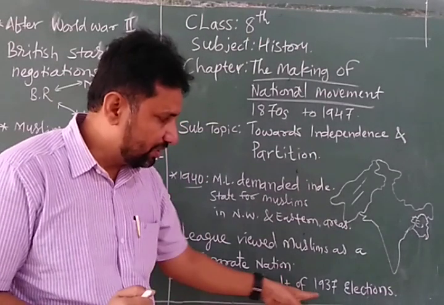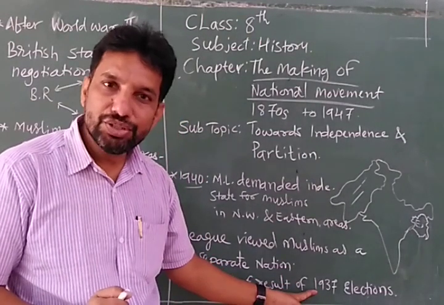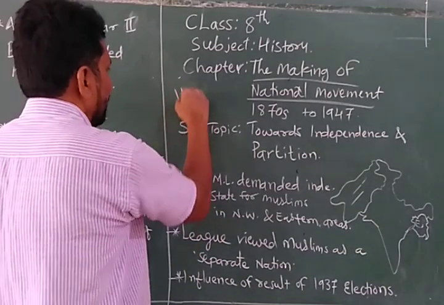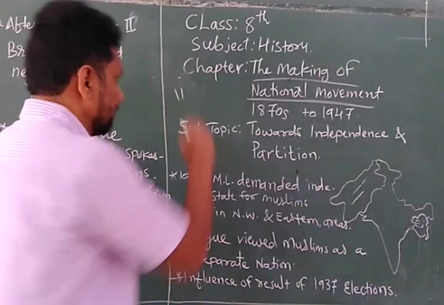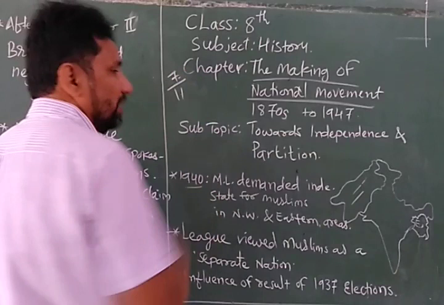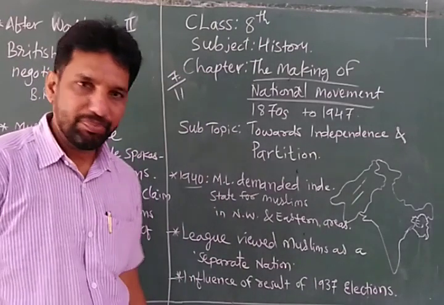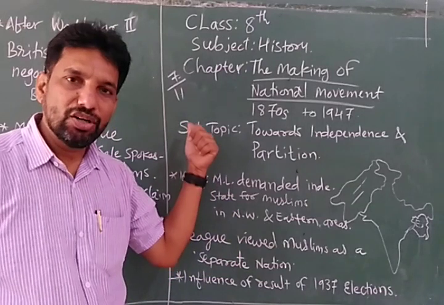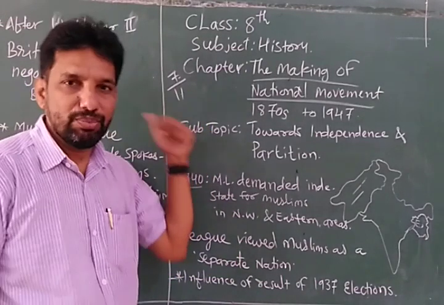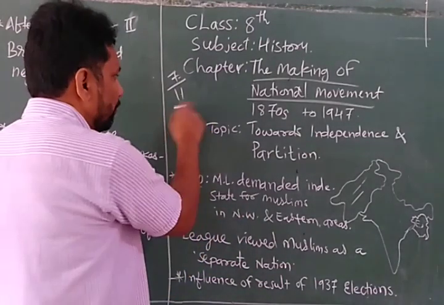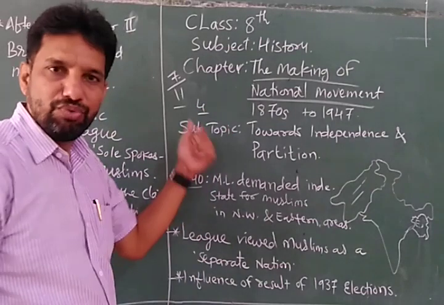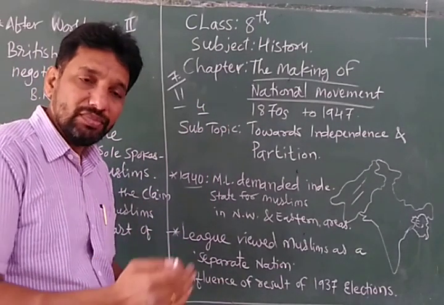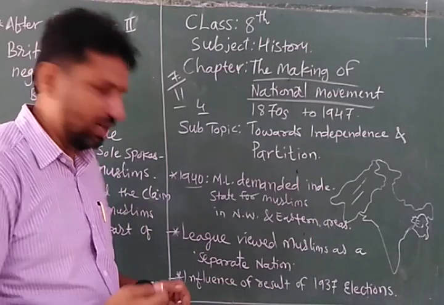In 1937, the results showed that out of 11 provinces, in 7 provinces the INC, the Congress, succeeded, and in the remaining 4, Congress was again the alliance party to form the government.